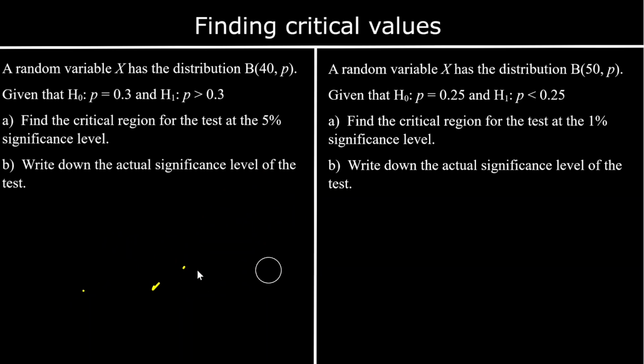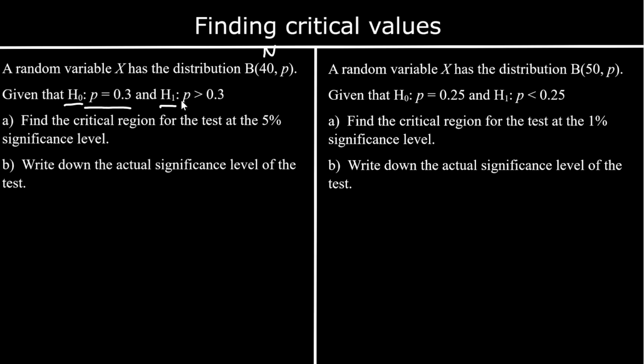So let's look at a question. A random variable X is binomially distributed. N is 40. And the null hypothesis, H0, is that P, the probability, is 0.3.